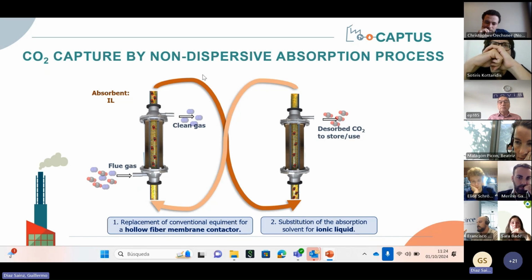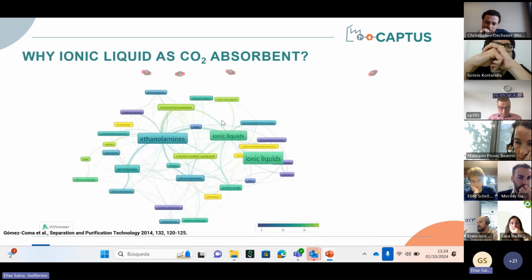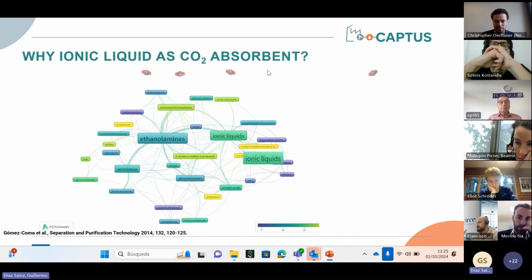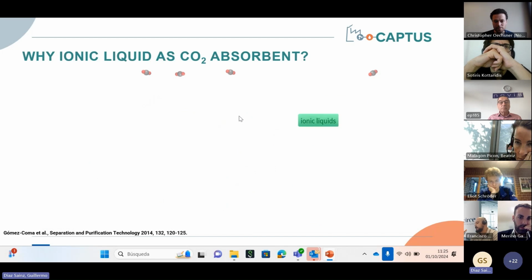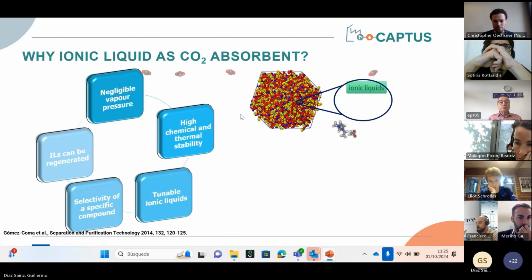On the other hand, we have a lot of ionic liquids, and ionic liquids have gained significant attention as potential absorbents for CO2 capture because they have some advantages, for example, negligible vapor pressure, high chemical and thermal stability, tunability, selectivity for specific compounds, and the ionic liquids can also be regenerated.